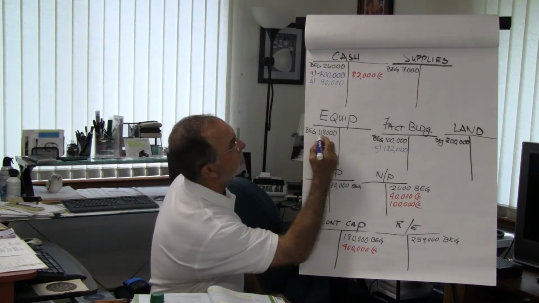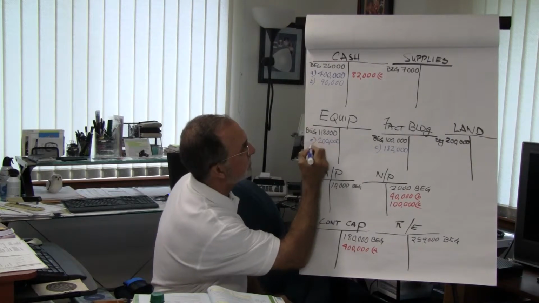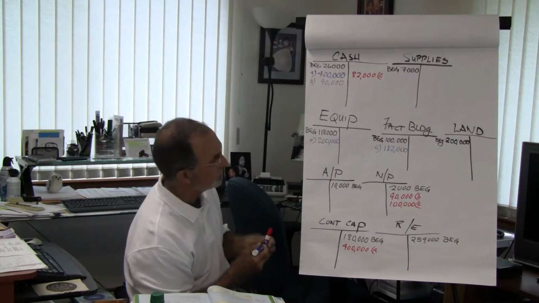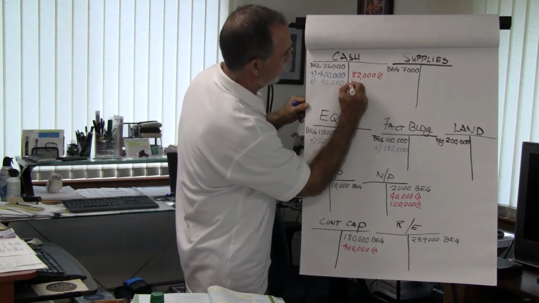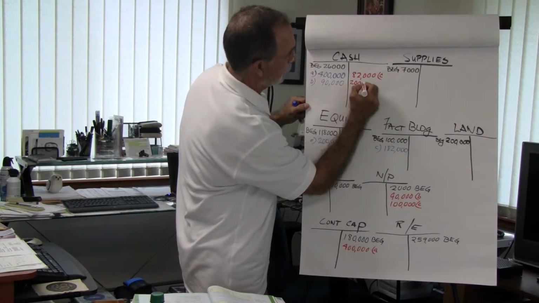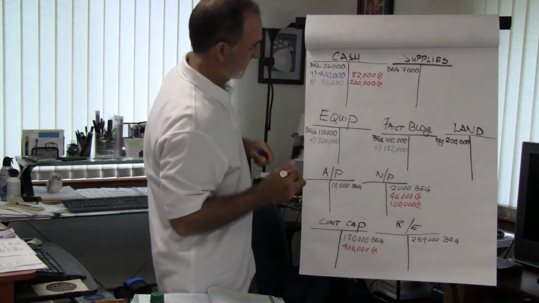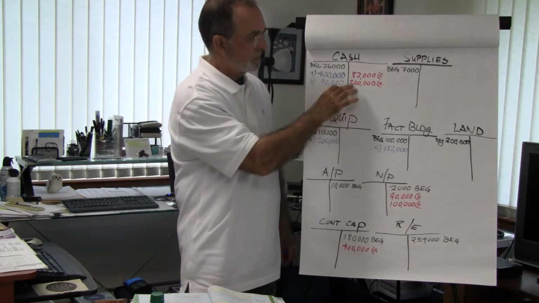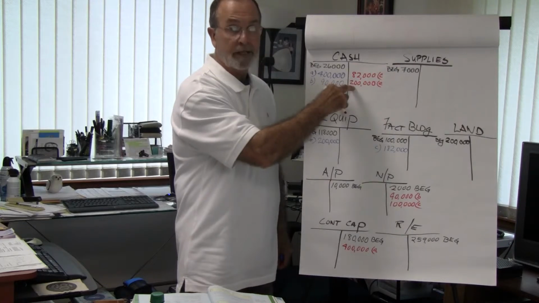So we add to equipment with a debit. Transaction E, $200,000. And again, we credit cash for the cash payment. $200,000. Again, left side, right side equal. Debit, credit equal.